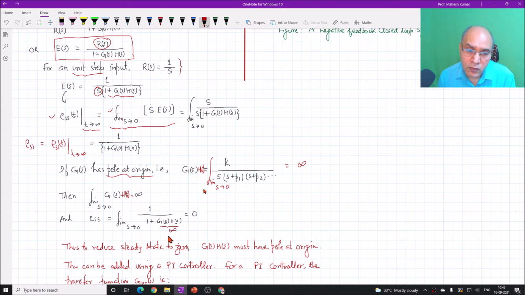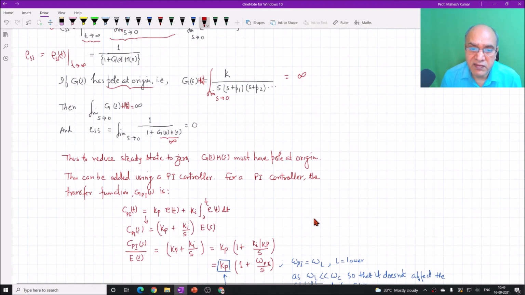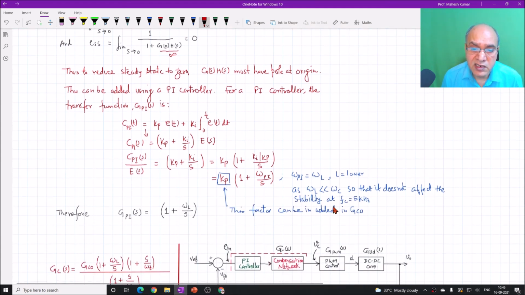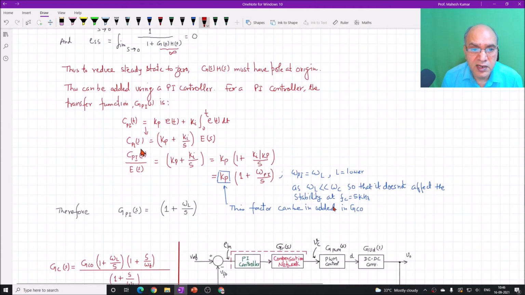Therefore, having a pole at the origin for the overall transfer function is desirable in order to reduce the steady state error of the controller to 0. This can be achieved by having the PI controller along with the lead compensator, because the transfer function for the PI controller is Kp e(t) in the time domain.